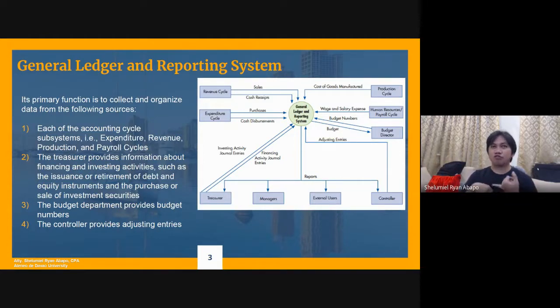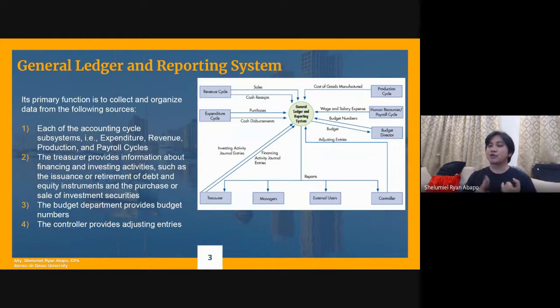The writing off or recording of, say, depreciation that is not programmed inside your expenditure cycle because there is no fixed asset component. So what you need to know about this treasurer, class, is that these transactions are non-recurring and non-trade related, meaning non-business or non-core business transactions.